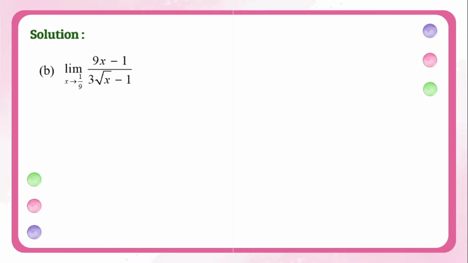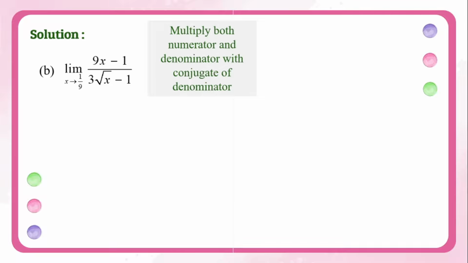Why? Because this example has a surd in the denominator. So therefore we multiply both the numerator and the denominator with the conjugate of the denominator. The conjugate is 3√x plus 1, and we get like that.